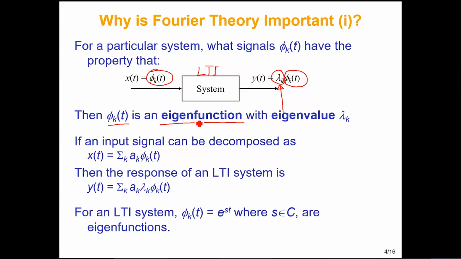Now let me clarify one more thing. Mathematicians see function differently, and we engineers use the name function synonymously with signal also. So whether we call it an eigenfunction or eigensignal, for example, this cosine t, for a mathematician this is a function of time.